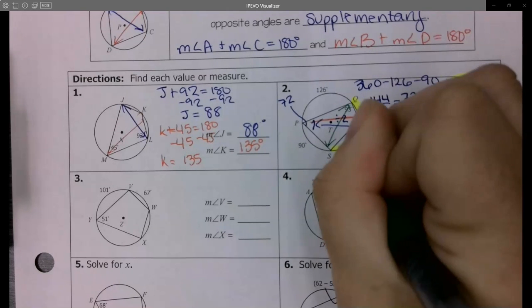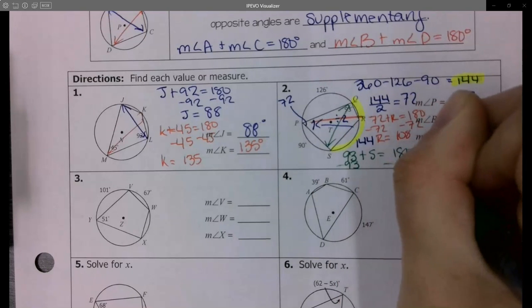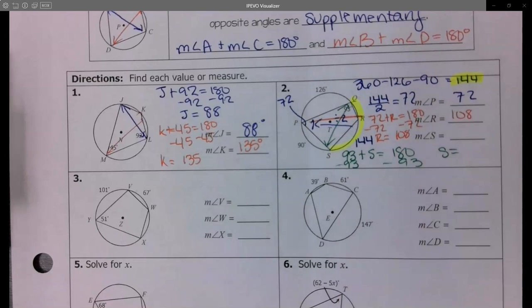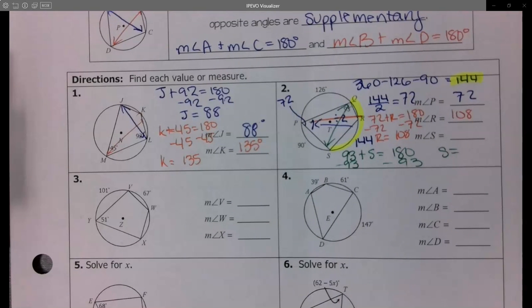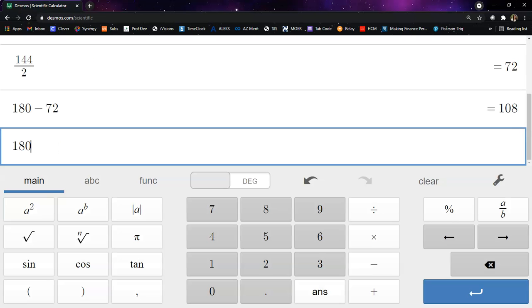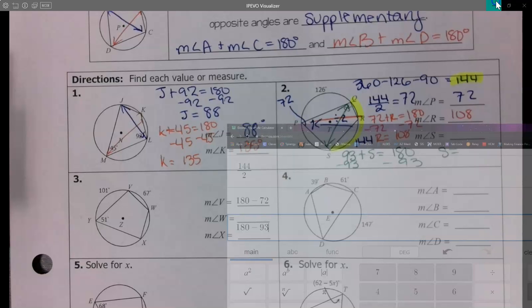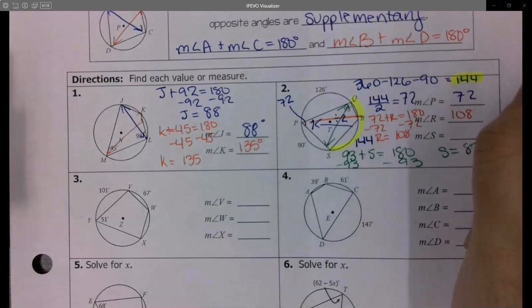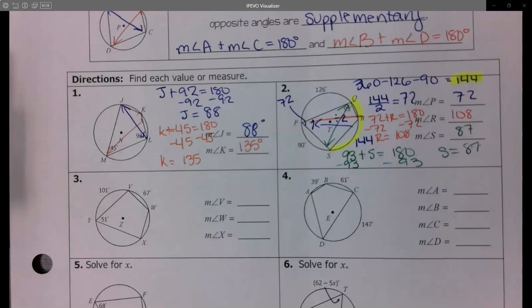Then I want to go ahead and subtract 93 on both sides. This gets me S equals 87. Questions on number 2?